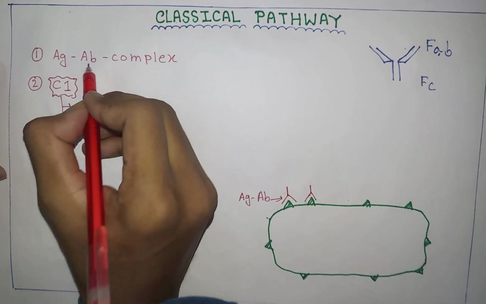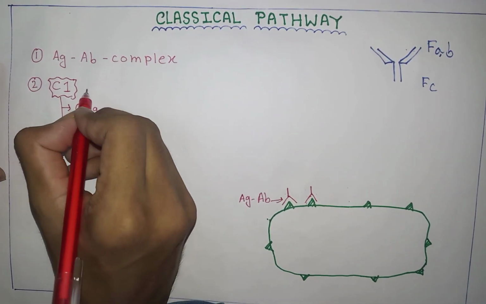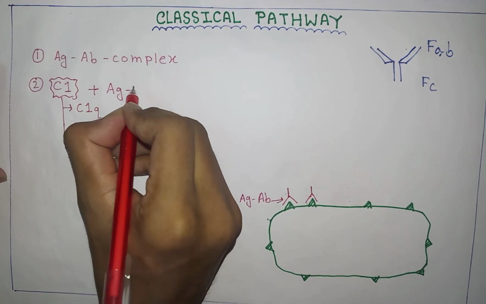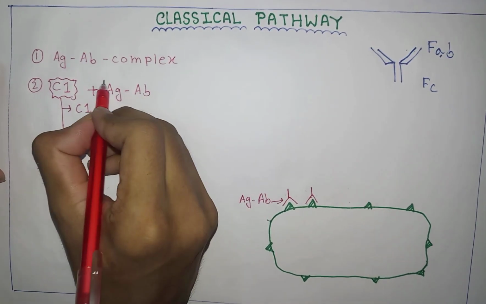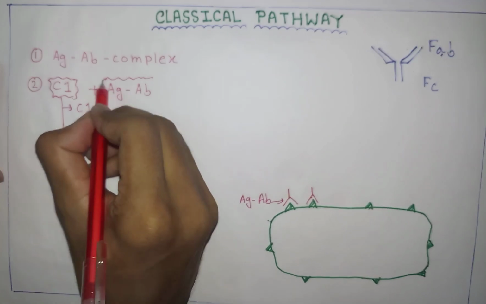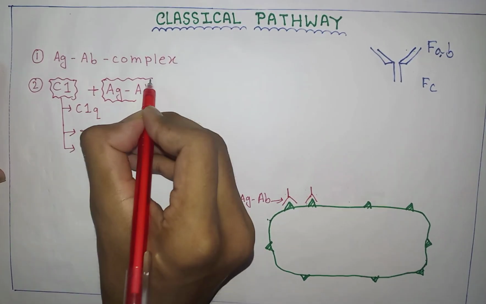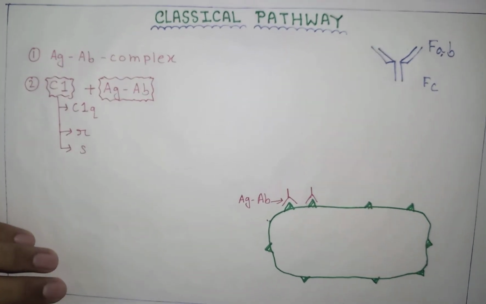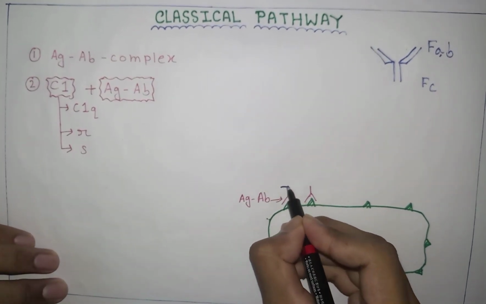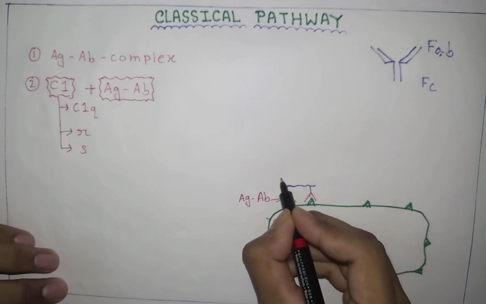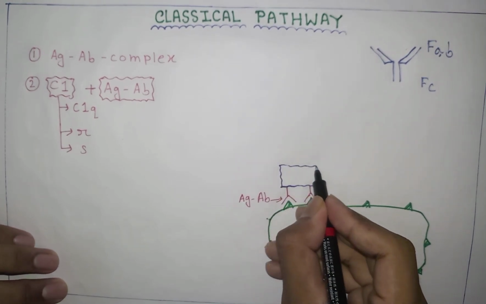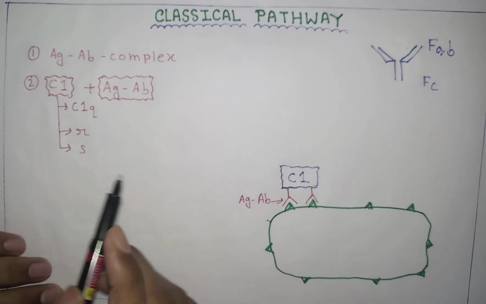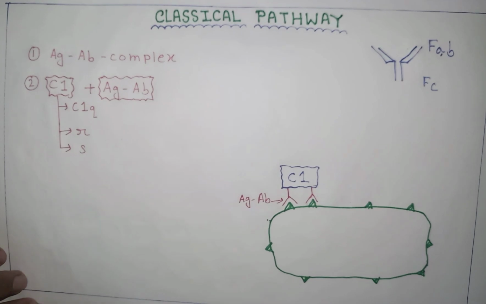So the C1 complement will come and attach with this antigen antibody complex. Now the C1 complement has come and attached with the antigen antibody complex. It is our C1, and C1 consists of Q, R, S segments.